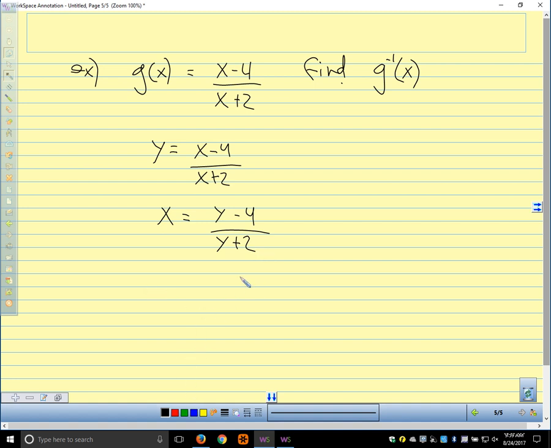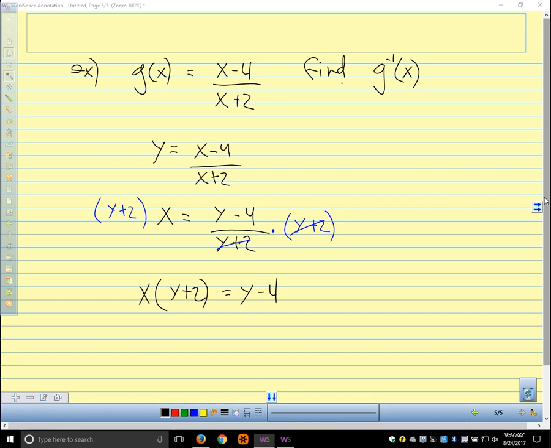And I'm going to write it like this. I'm going to make all these steps explicit, just so everybody sees what I'm doing. You wouldn't necessarily have to do it this way, but I just want to make it explicit. So these divide and give us 1. So I get x times y plus 2 equals y minus 4. Well, we still have those two y's that we have to deal with.